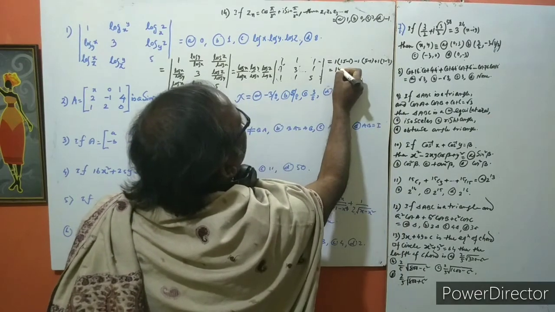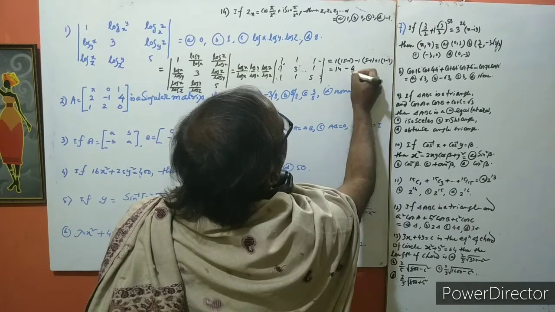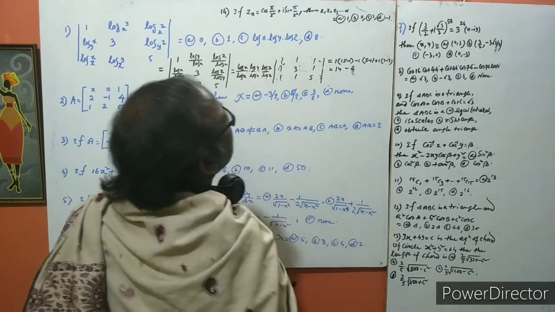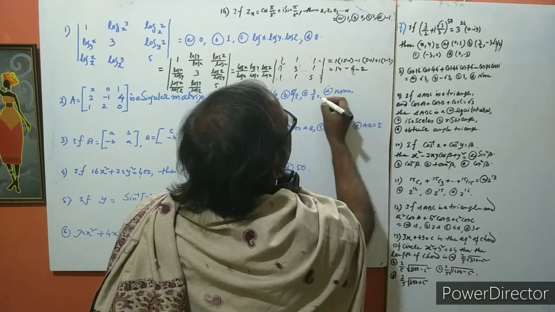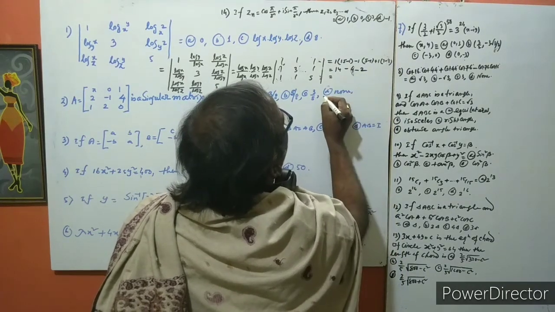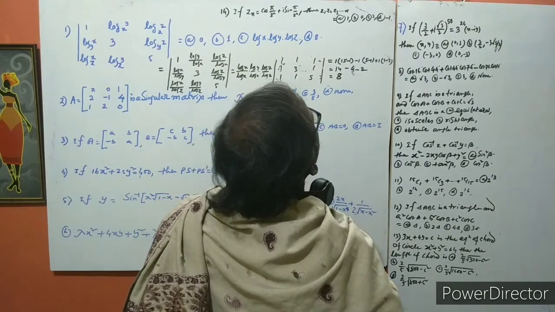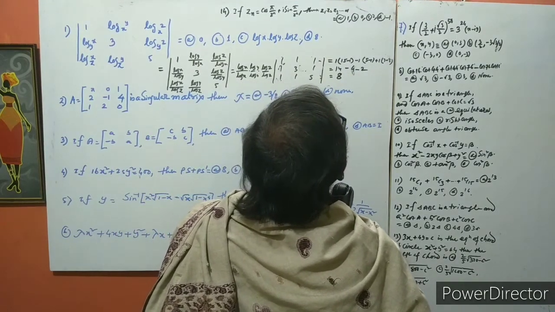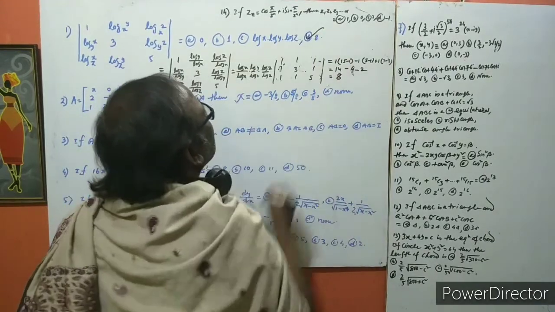Okay, this is here 14 and minus 4 here, and also minus 2. This is minus 2 and 6, and this is 8, 6, 14, okay, 8. So here is option D.